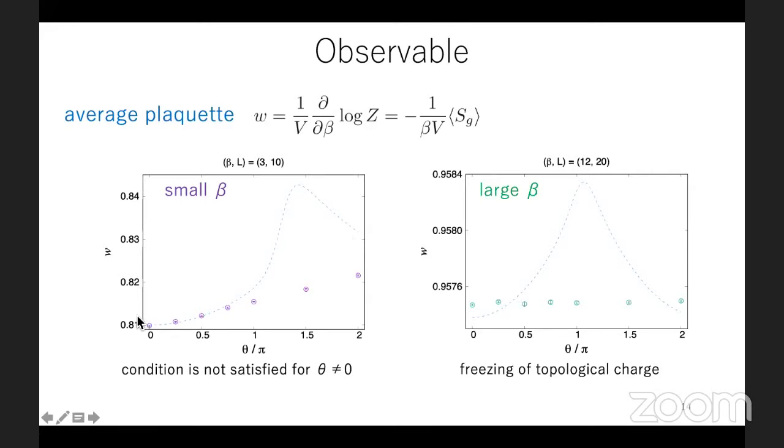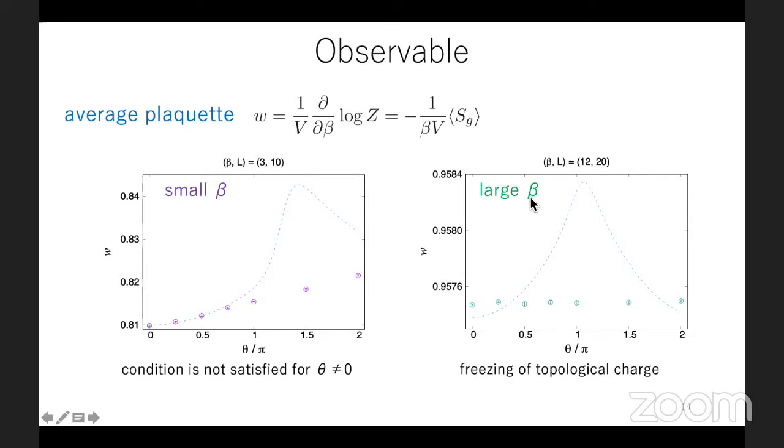For small beta, you can see the simulation data cannot reproduce the almost quadratic behavior of the average plaquette. The simulation result just looks linear. Of course, at theta equals 0 only, there is no sign problem a priori, so there is no problem. Only at theta equals 0, the observable is okay.